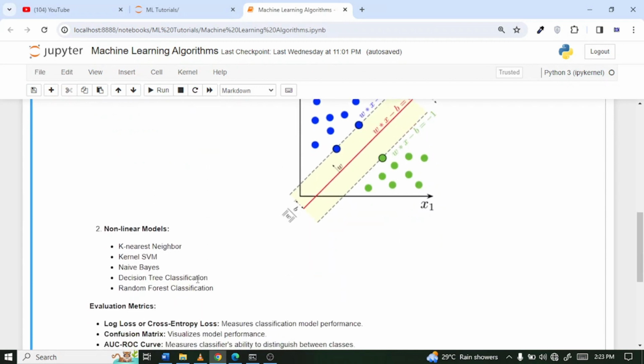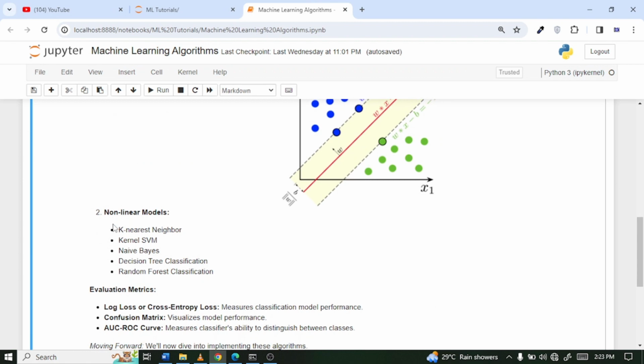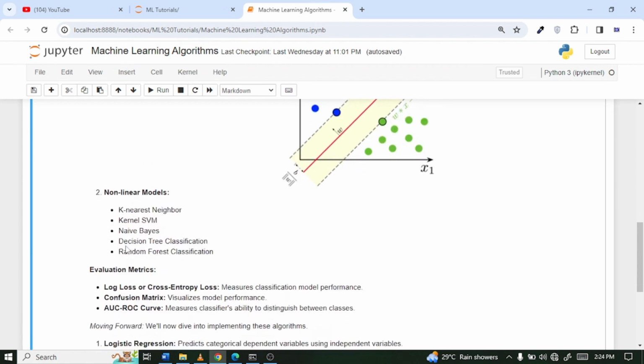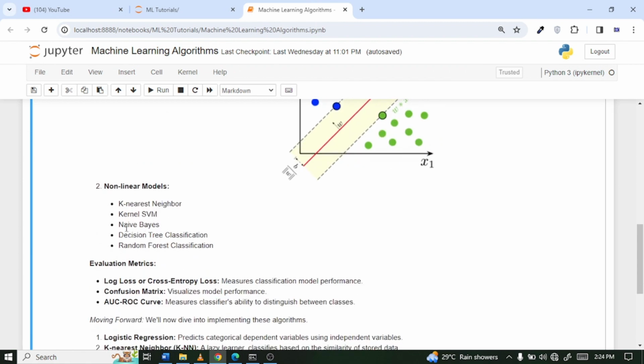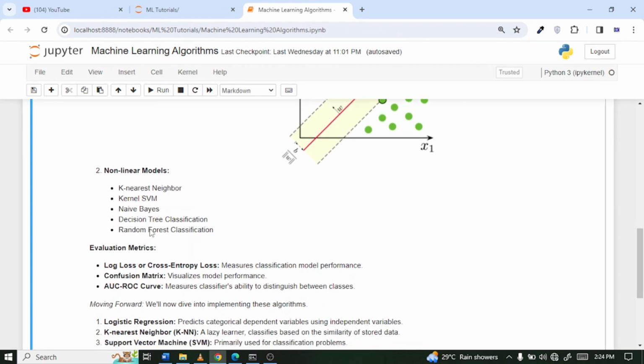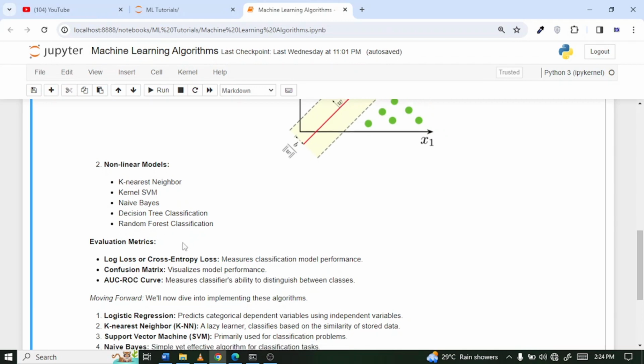For nonlinear models, we can use k nearest neighbor, kernel support vector machine, naive Bayes, or decision tree classification, which uses training data to create trees. Okay, and based on that, it can use those trees or the branches of the trees to make predictions. We also have random forest classification as well.